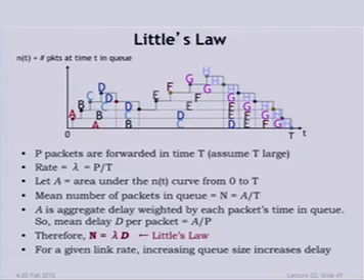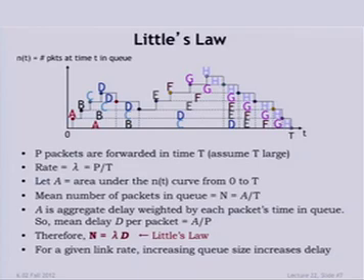You agree that the mean number of packets in the queue is the integral of n of t, which is the number of packets in the queue at any point in time. If I take that integral and I divide by capital T, I get the mean number of packets in the queue. All it says is this is the total number of packets in the queue aggregated across all time. And therefore, to find the average, I take the integral and I divide by T. Right? That's the definition of the mean.